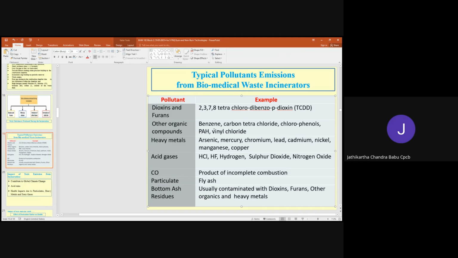We are also going to generate organic compounds depending on the type of waste along with the biomedical waste. If heavy metals like arsenic, mercury, chromium, and lead are part of the waste, these also become a part of air emissions into the atmosphere.